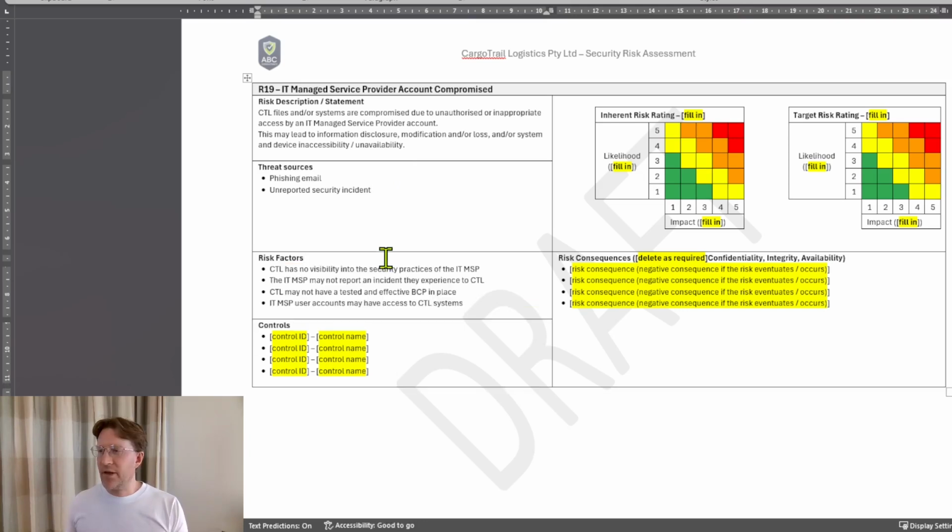Risk factors are that we have no idea of visibility into the security practices of this company. We simply don't know what they do. We don't know if they would report a security incident that they experienced to CTL.